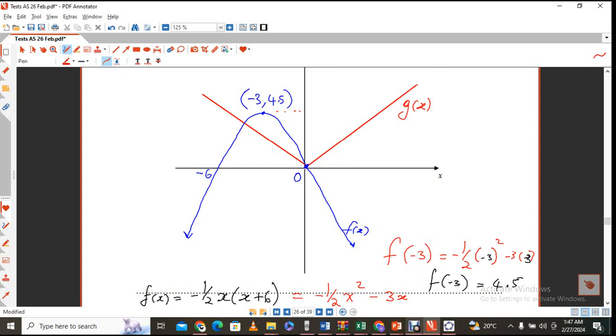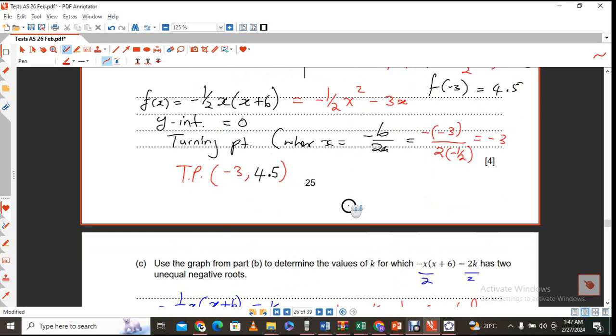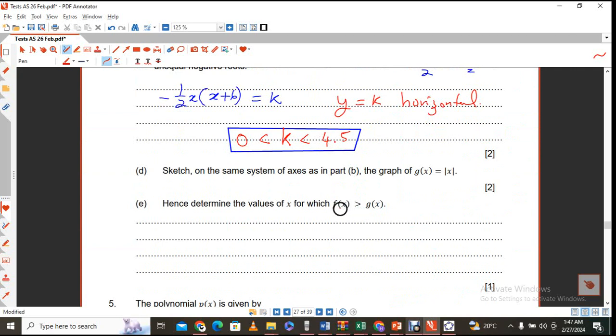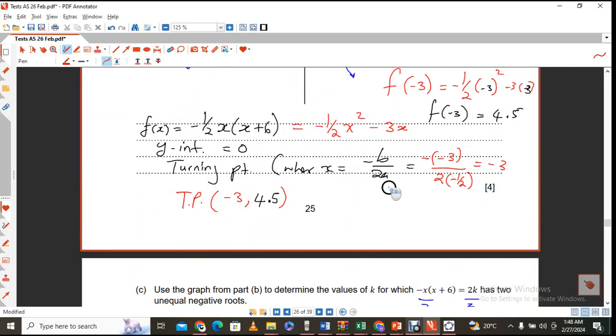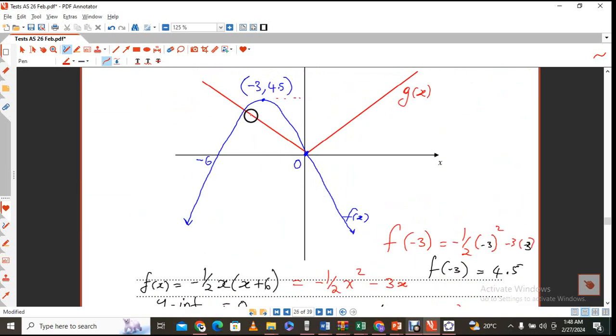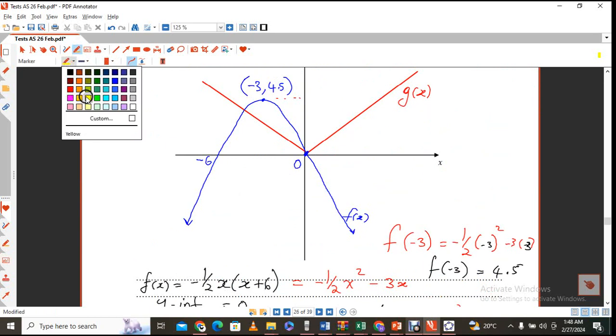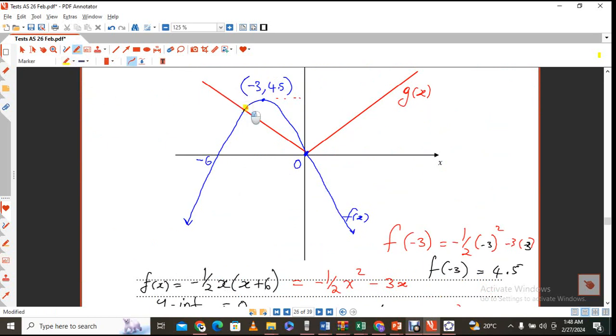Right, now it's very important if we were to draw or to solve part E. Now part E is asking us to determine the values for which the f function is greater than or above g. So it's obviously going to be from this part, because you can see that function f is greater than function g there.